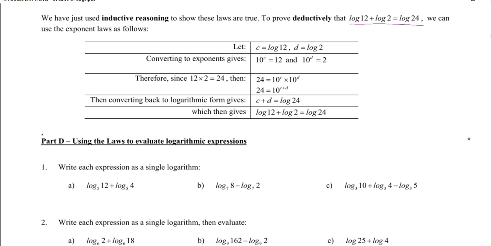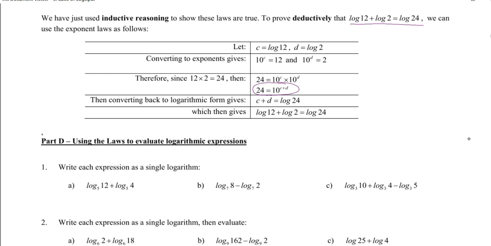So 10 to the C plus D. This is exponential form. You want to change that to a log, it'll be log base 10 of the number 24 is equal to C plus D. So a lot of logs is converting from exponential form to logarithmic or vice versa.